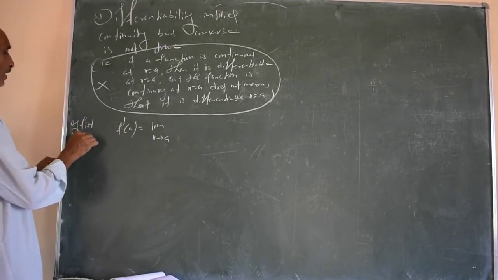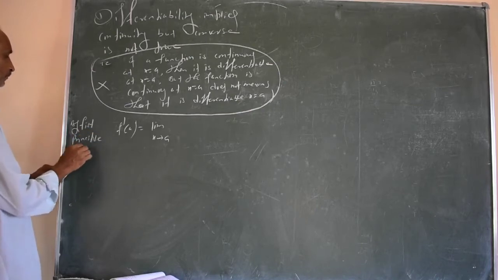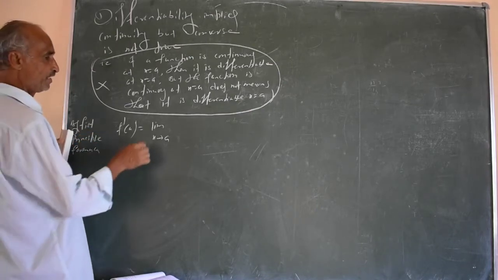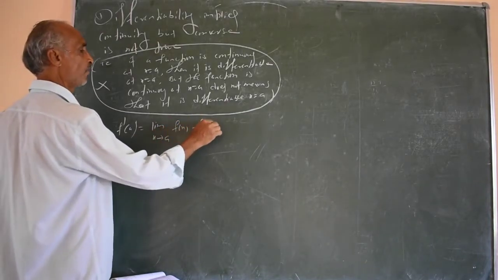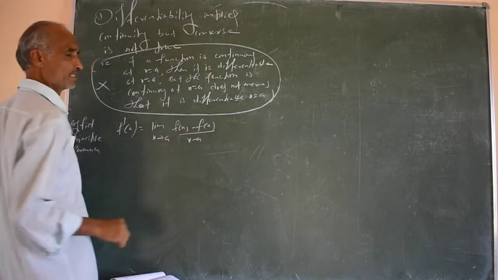First principle formula: f dash of a is equal to limit x tends to a of f of x minus f of a upon x minus a.